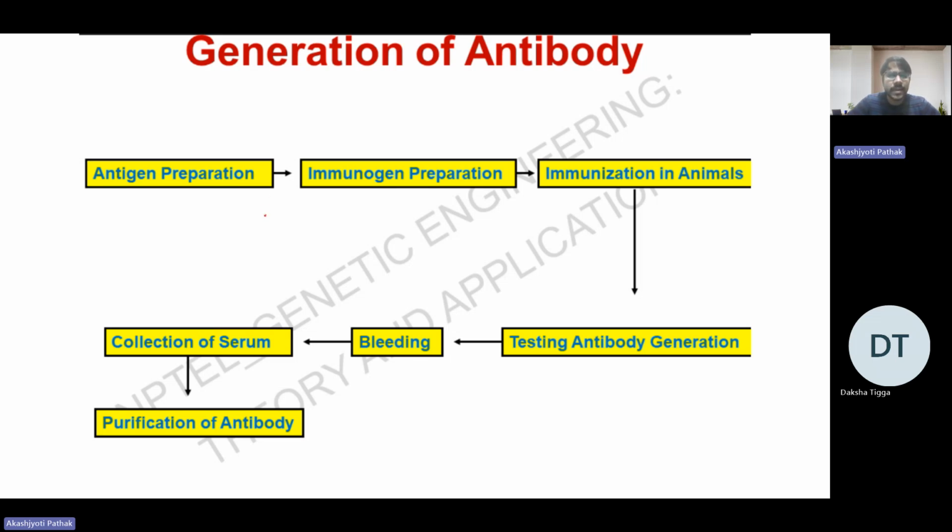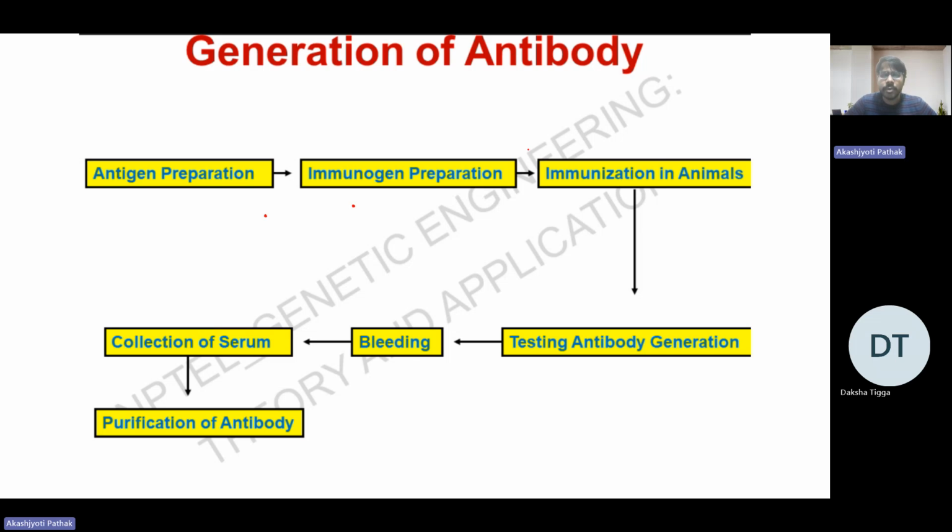You take an antigen and do an immunogen preparation, because you cannot directly inject the antigen. You either have to modify it so it doesn't get degraded, or add some other chemical moieties to it. You can add an adjuvant that will trigger even more activation of the immune system.